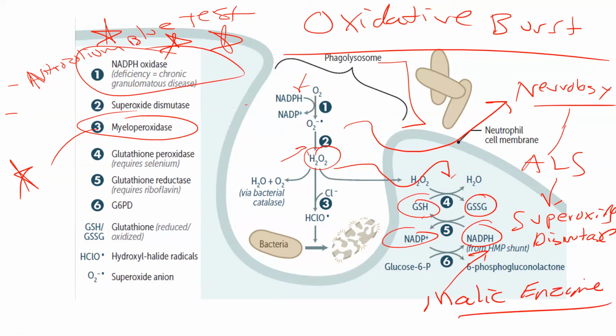Don't forget about that. They will likely test you with a biochemistry question here, so don't miss that one. And that is our pathway of our HMP shunt, or pentose phosphate pathway. And that's where we get NADPH. All of this kind of ties in, and our macrophages and neutrophils end up using all of these things.